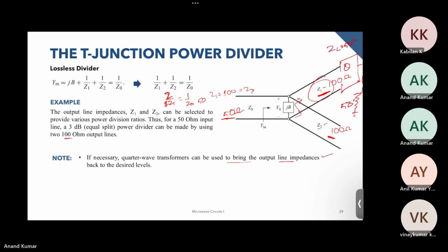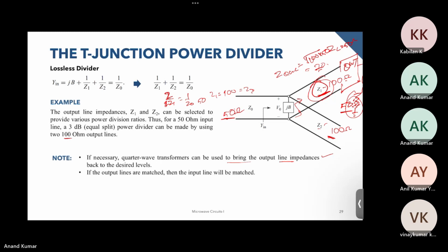So this is 50 ohms and this is 100 ohms. We can calculate the Z of the quarter wave transformer as root under 100 into 50. We'll get this as something like 70. Maybe you can do this math to match this 50 ohm load to this 100 ohm impedance of this power divider line.